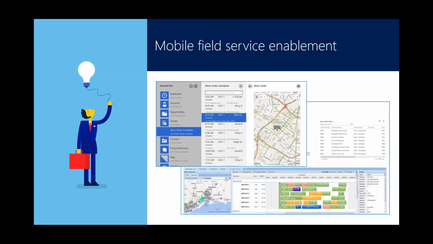Field One enables field service teams to manage work orders, to carry out jobs, either planned or reactive maintenance jobs, and we can now use CRM online to schedule those workloads and ensure that you get the right resource to the right customer to carry out work with the appropriate spare parts or materials or skills needed to carry out those field service jobs. So it is now a preferred solution for CRM 2016 online.